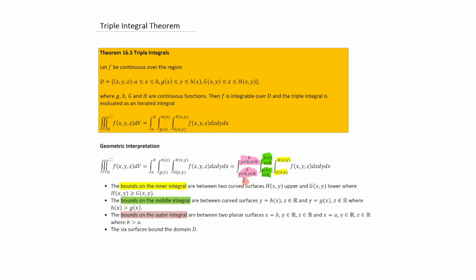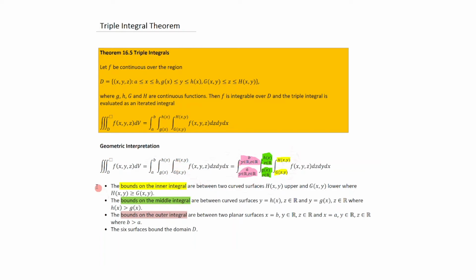So in this case, x equals a, but y and z can be anything, which means that you've got a plane. This is just a plane located at x equals a, extending to infinity and minus infinity in both the y and z direction. And this is a plane at x equals b, similar explanation given here. So effectively, this represents the boxing in of the domain. But we write it in this form, in short form.